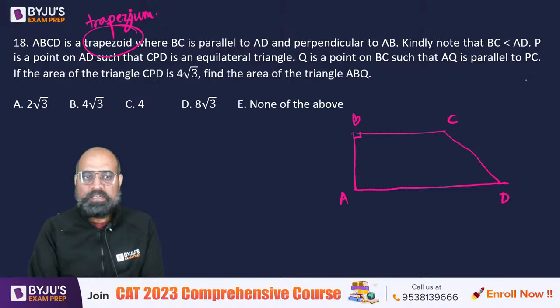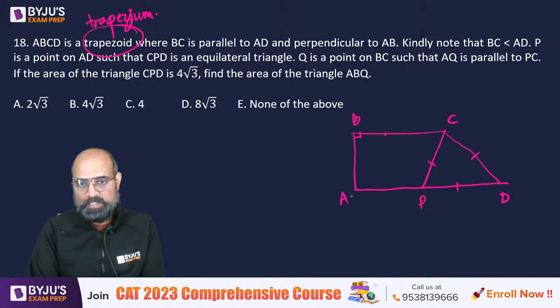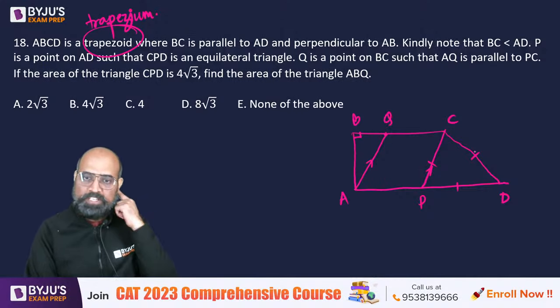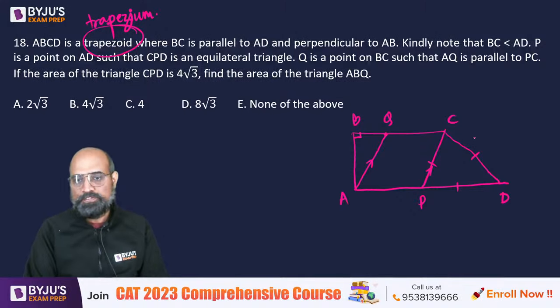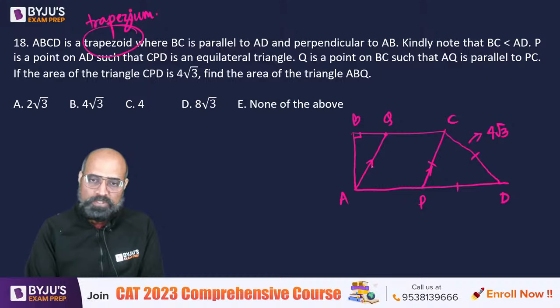This is D. P is a point on AD such that CPD is an equilateral triangle. Q is a point on BC such that AQ is parallel to PC. So we need a line parallel here. If the area of the triangle CPD is 4√3, find the area of triangle ABQ.